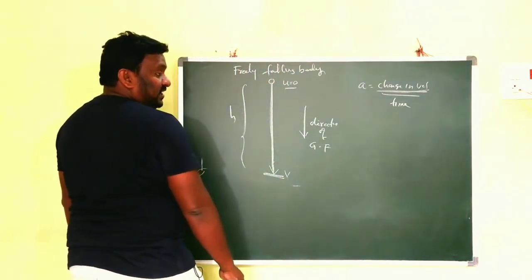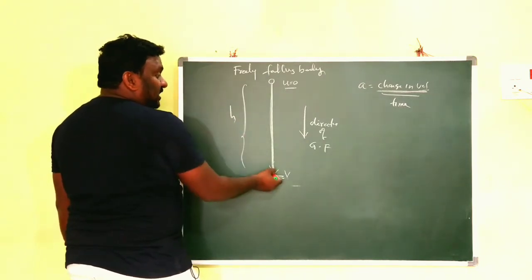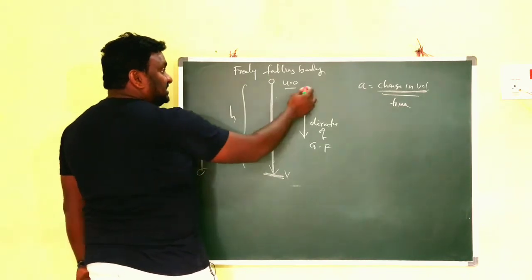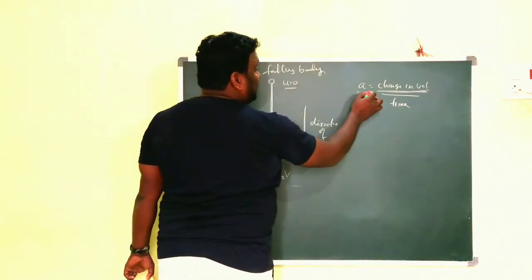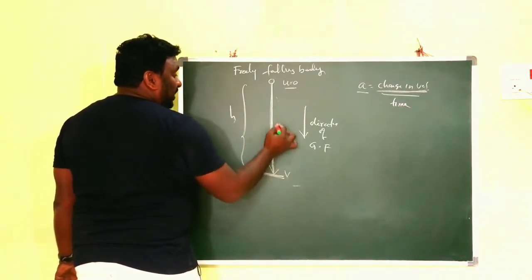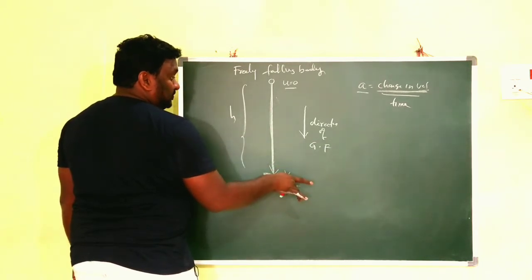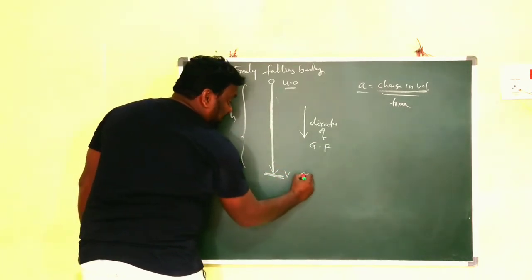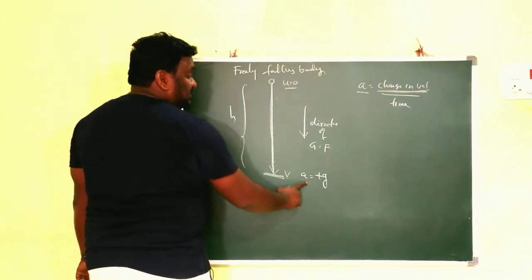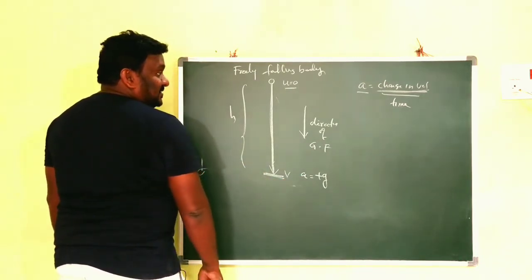That change in velocity is because of gravitational force. When there is any change in velocity, the body experiences acceleration. That acceleration is due to the gravitational force, that's why it is called acceleration due to gravity. So in this case we will take A is equal to plus g. A is equal to plus g.